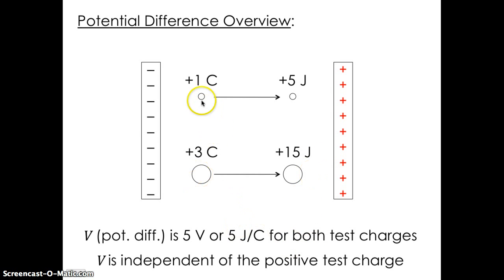Because the potential difference for the 1 Coulomb charge is 5 volts. The potential difference for the 3 Coulomb charge was the same, 5 volts. So potential difference doesn't depend on how big the test charge is that's moving. It's a fixed ratio of energy gained per charge.